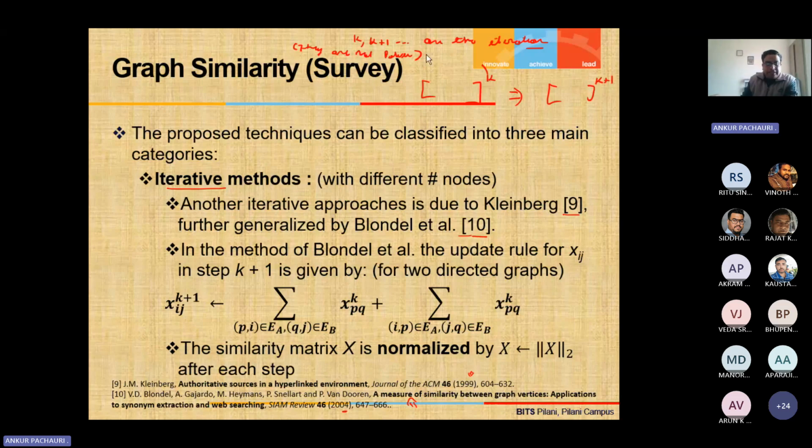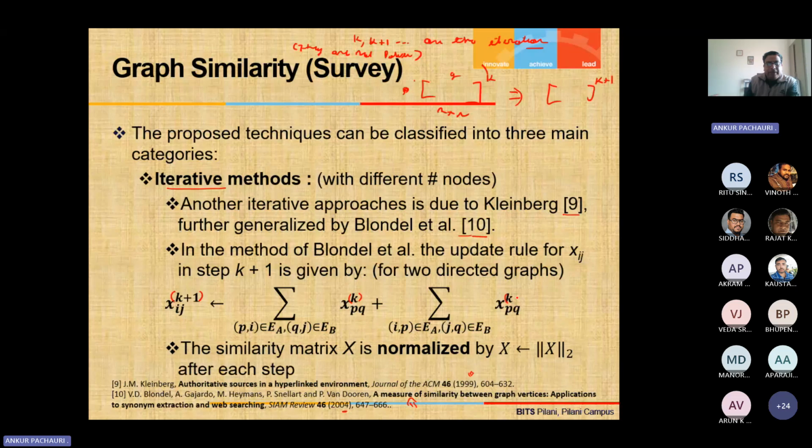So that means using the values of this matrix, which will be of order n cross n, for some PQ combination of the similarity scores of the kth iteration, from the kth iteration we will be updating the similarity scores for the k plus 1th.